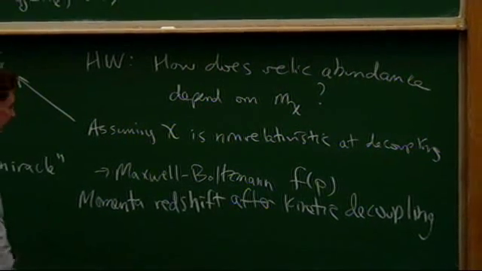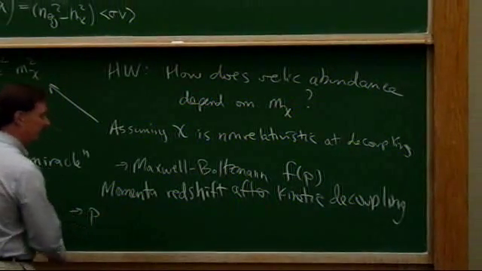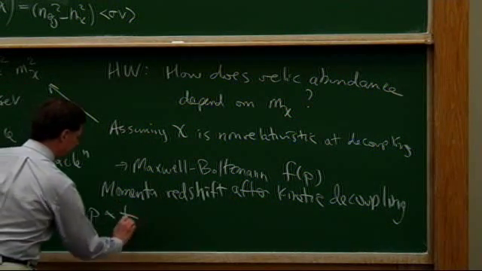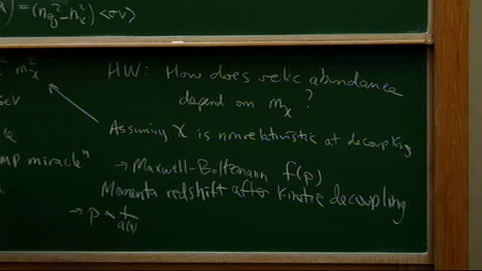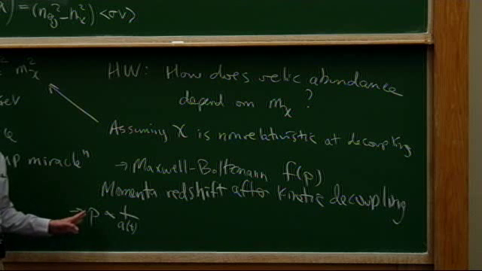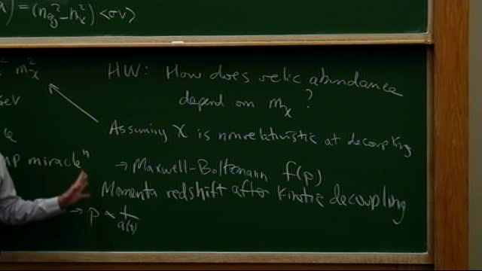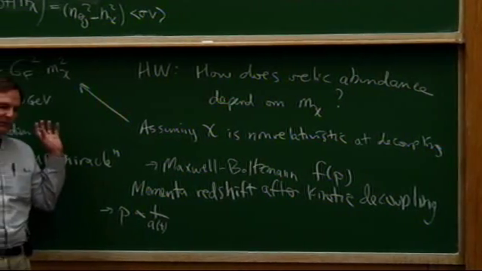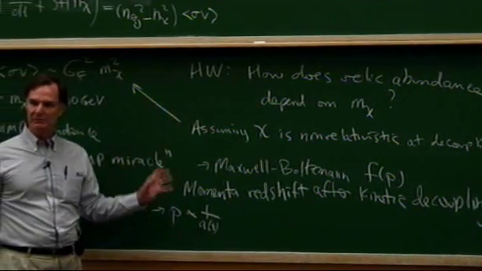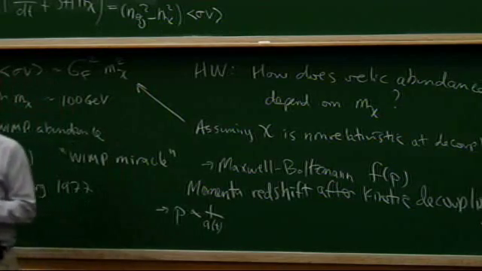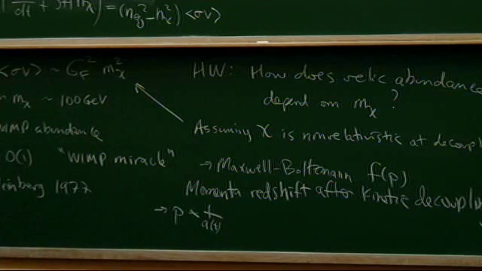The momenta redshift, that is to say, for a given chi particle, p is proportional to 1 over a of t. So when the particles are relativistic, the momenta are typically of order the mass. When they decouple, the momenta are of order the non-relativistic momentum of a particle whose thermal energy is kT, so that's much less than the mass.